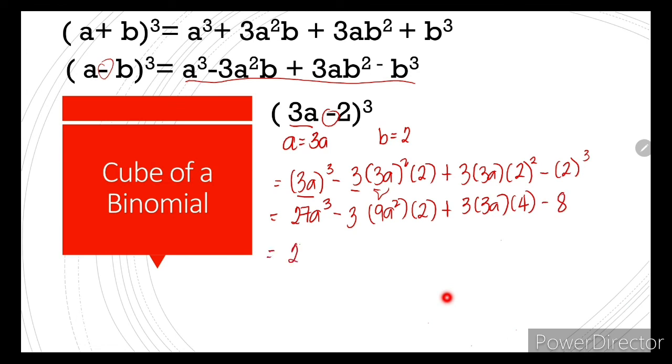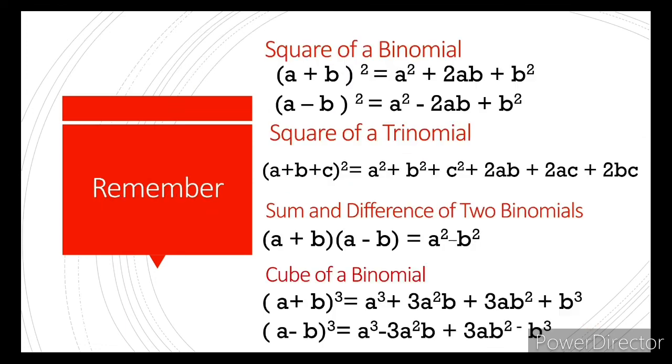Now, let us simplify. 27a cube minus 3 times 9 is equal to 27 times 2. So, we have 54a squared plus 3 times 3 is equal to 9. 9 times 4 is equal to 36a minus 8. So, the cube of this binomial is 27a cube minus 54a squared plus 36a minus 8.